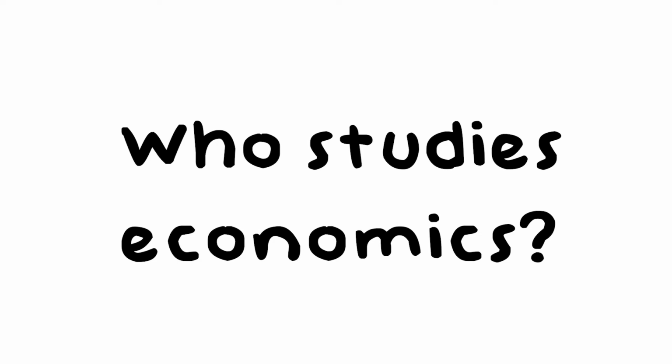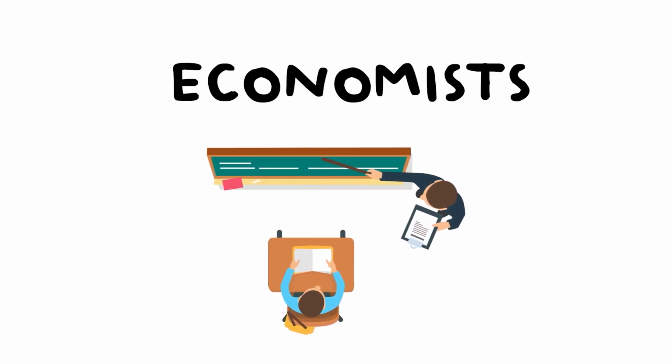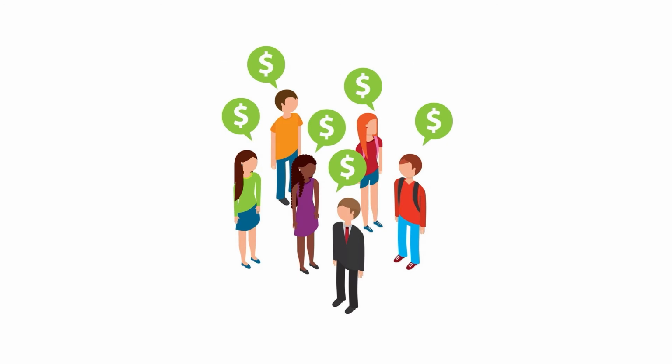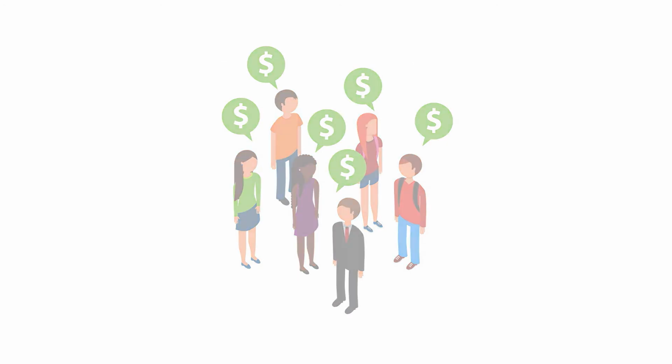Who studies economics? People who devote themselves to studying economics are economists. Professors, government advisors, consultants, and private sector employees are just a few of the many occupations that economists have.